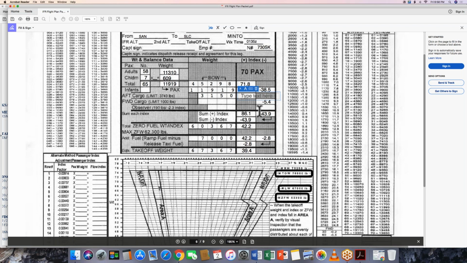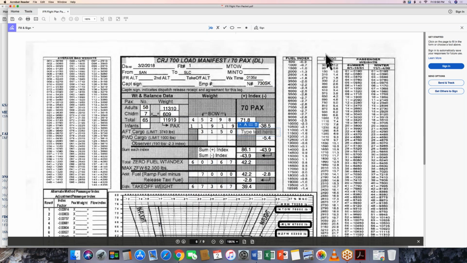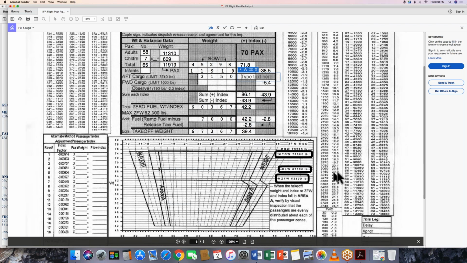So 3150, all in the aft cargo. Let's see what that does to our CG here. 3150. Oh, look at that, 20.9. Okay, so we'll go 20.9, which changes this number, right?